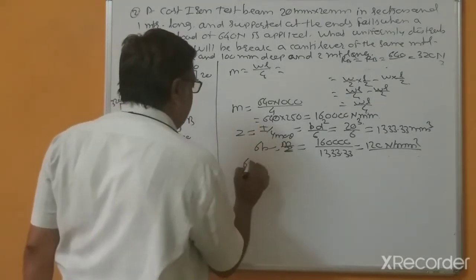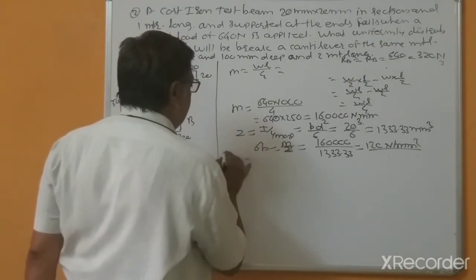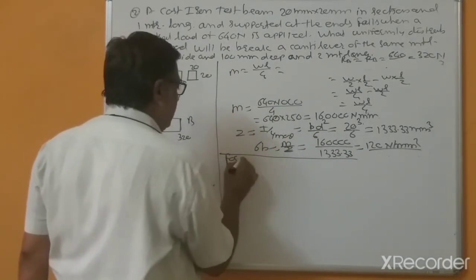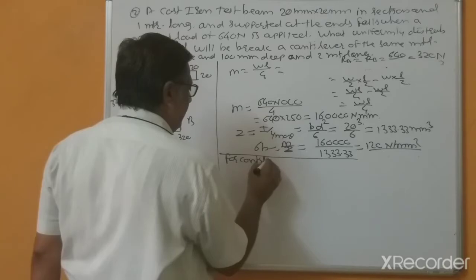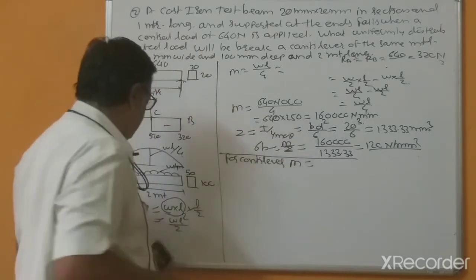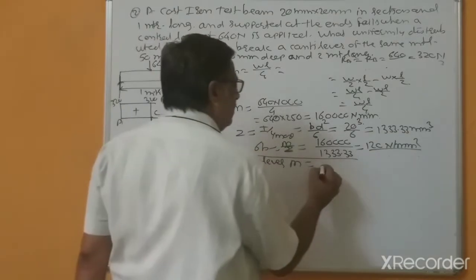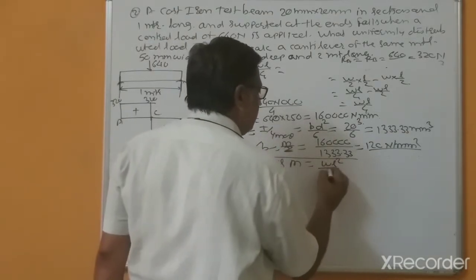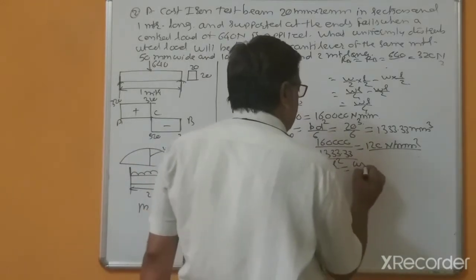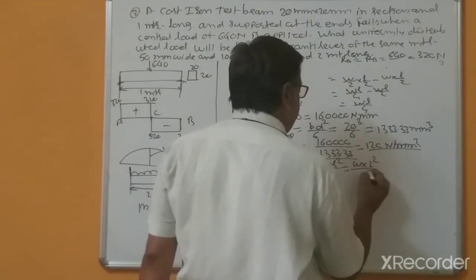So that's why for the cantilever, moment equal to, now by using this formula, WL squared divided by 2. So W, length equal to 2 squared divided by 2.